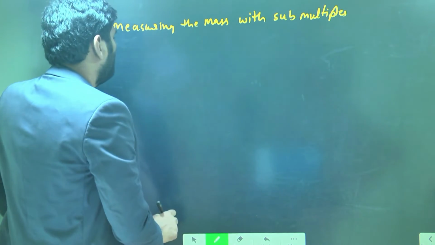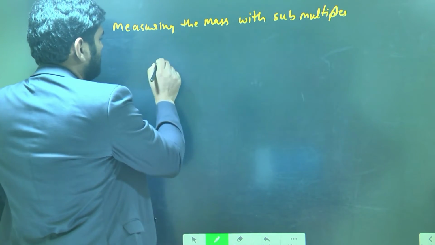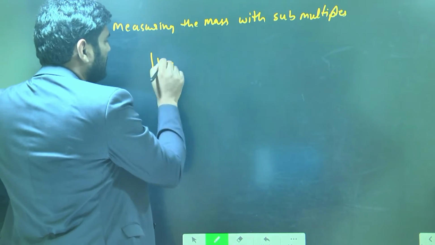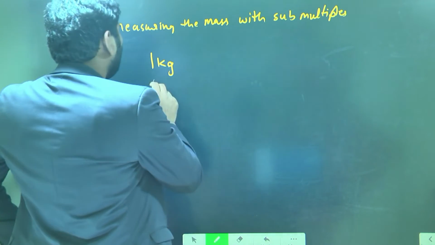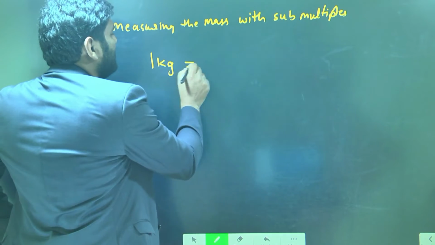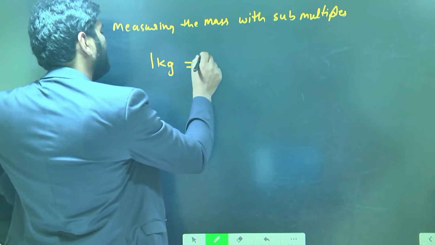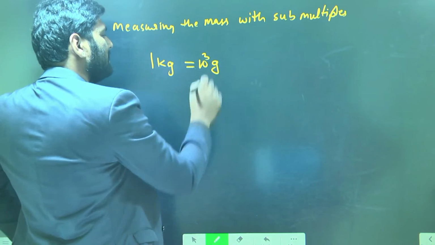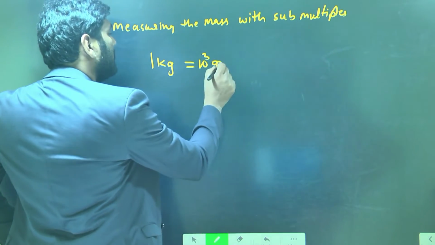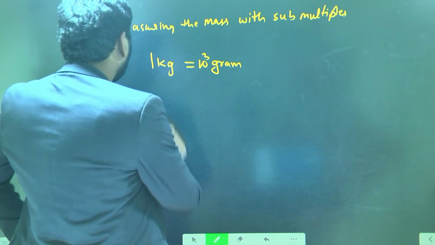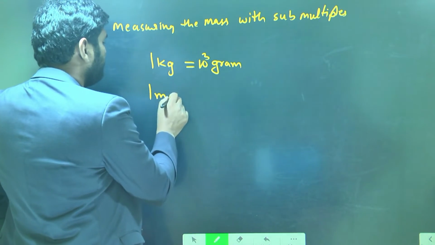For example, you have mass units. You know mass units, kilo, kg. Here 1 kg means K stands for 10 power 3, so 10 power 3 grams represents what? 1 kg. You know 1 mg.